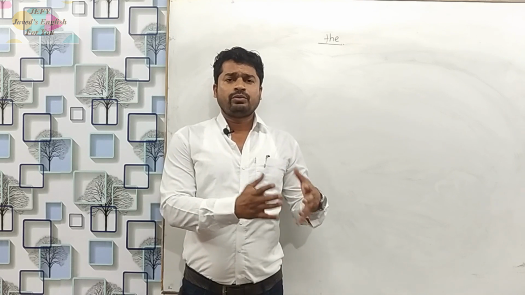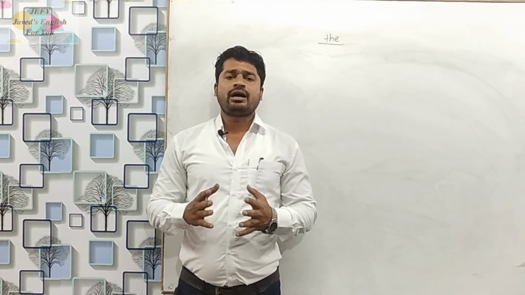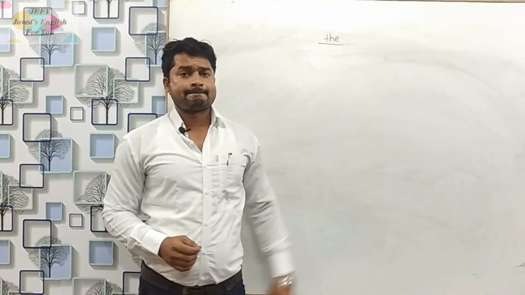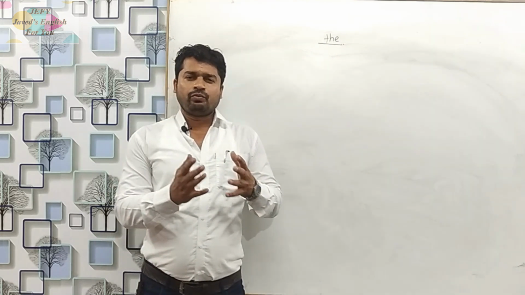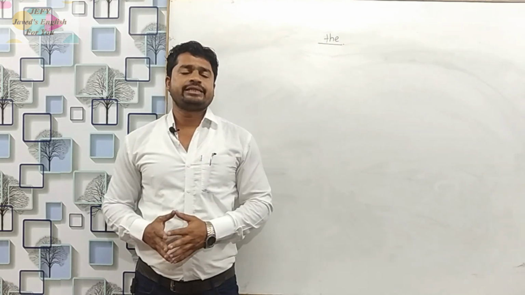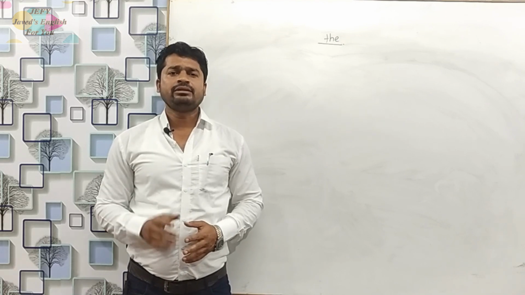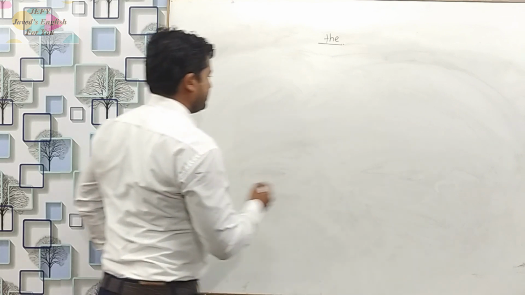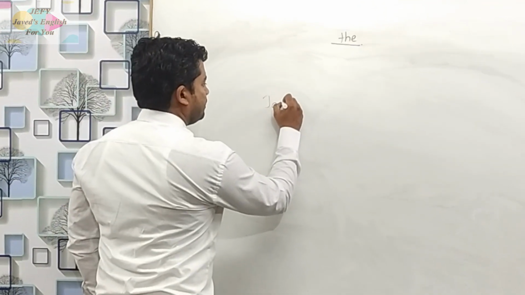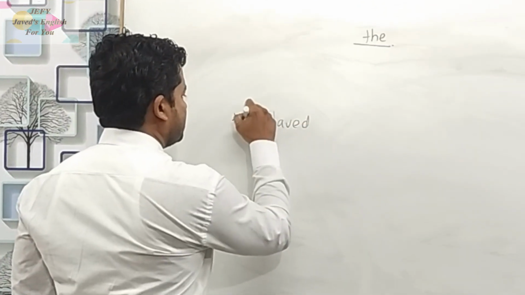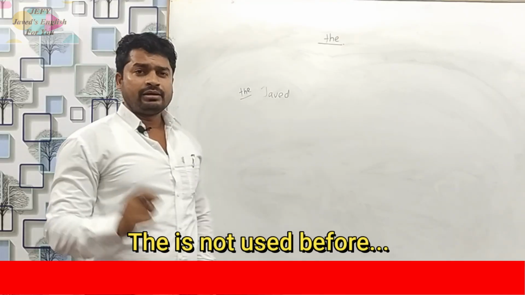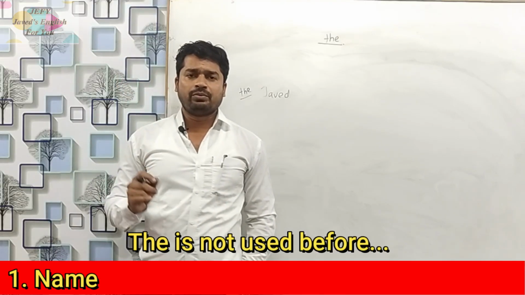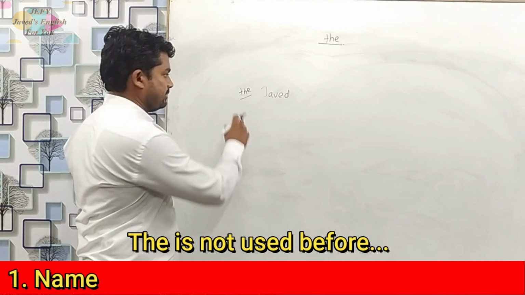Now we have seen when all can we use the article the, and when all can we not use this article. That's very simple. Before the name, like if I have to say Javed, I cannot simply put the before my name. Before any name in the world, you cannot put an article.